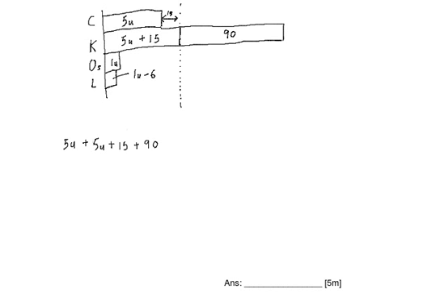Now, I need to add Oscar, which is 1 unit, and I need to add Louis, which is 1 unit minus 6. This expression will represent the total number of game cards, right?